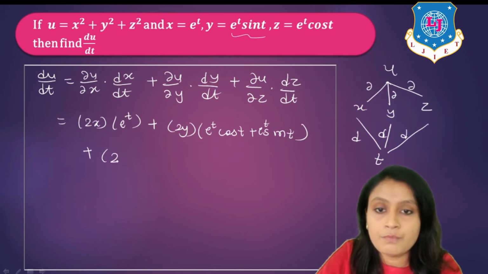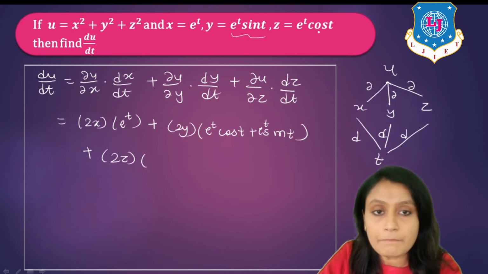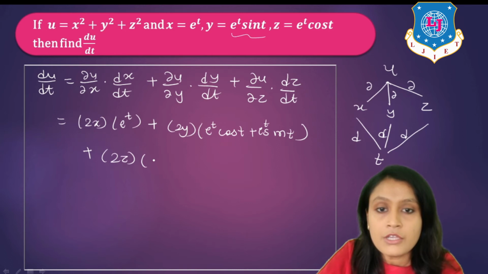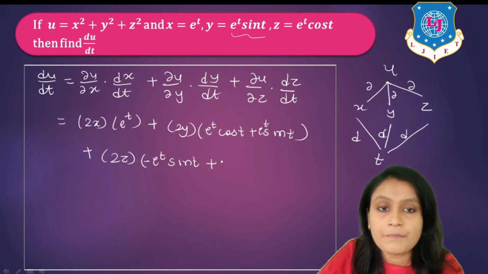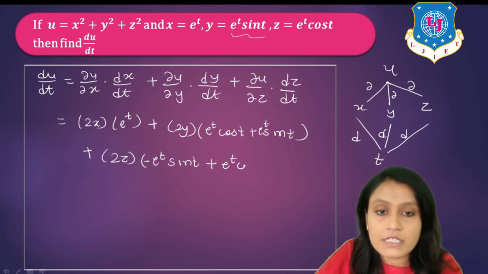So it will give you 2z, and we have to find this dz by dt. So derivative of z with respect to t, right? So again we have to apply uv rule formula. Okay, so you will get here e raised to t, and derivative of cos t, that is minus sin t, plus cos t as it is, and derivative of e raised to t is e raised to t. So you will get this term.